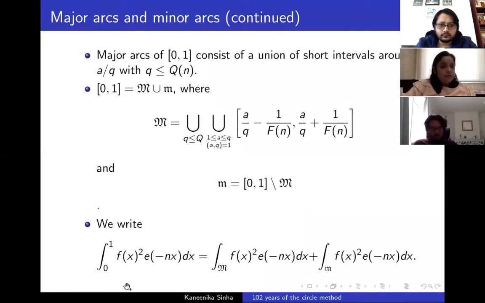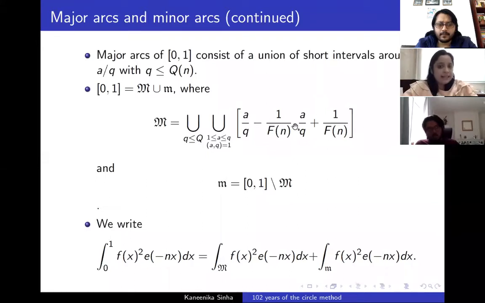Just a little observation though: if you take a by q to be equal to 1, then the interval is of the form 1 minus 1 over f of n, comma 1. So at the end points of the unit interval, you have to be a little careful.